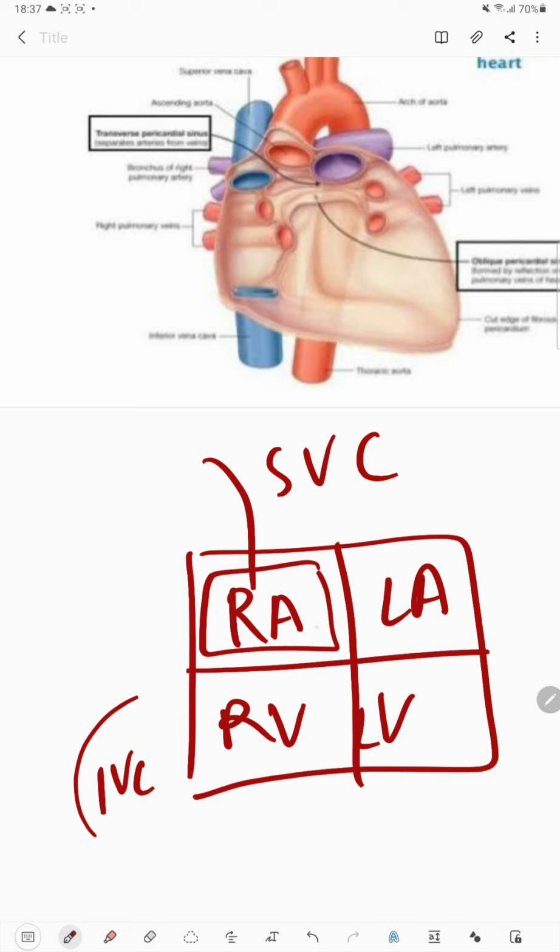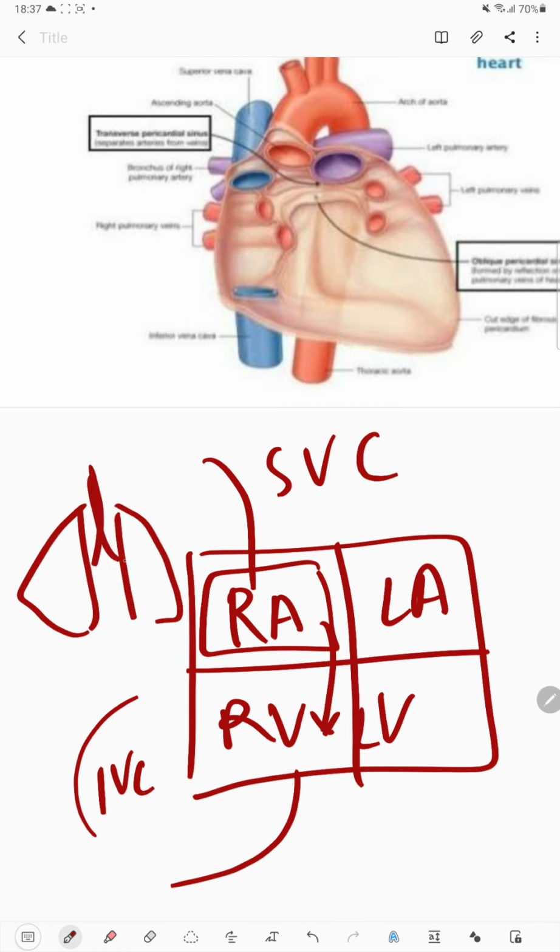The deoxygenated blood goes into the right ventricle, and from here it is taken towards your lungs. All right. By what? The pulmonary artery.